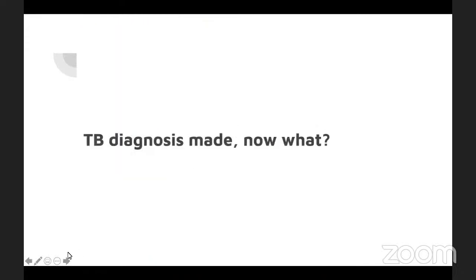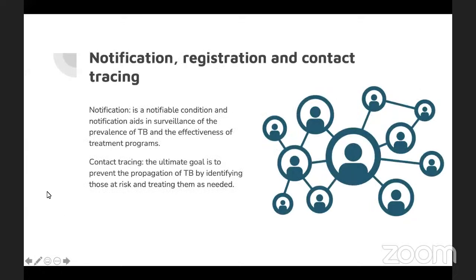So now you've made the diagnosis of TB. What do you do? So notification, contact tracing, and registration are also a very important part of treatment for TB. So notification: TB is a notifiable condition, and notification aids in surveillance of the prevalence of TB and the effectiveness of TB treatment programs.